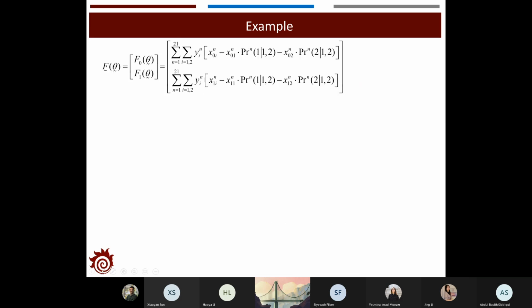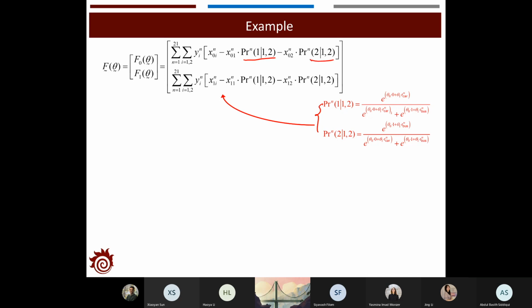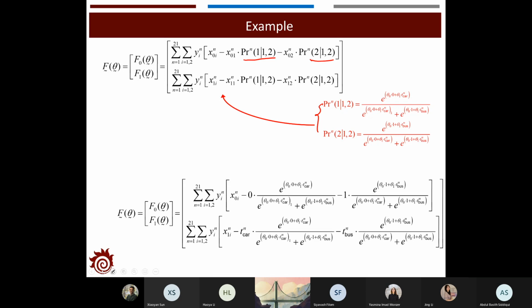And we will then load the information of the multinomial logit model in this equation for the F(θ). So we have the exponential of the probability for the car and the probability of the bus. And it will get very complicated, definitely for this case.